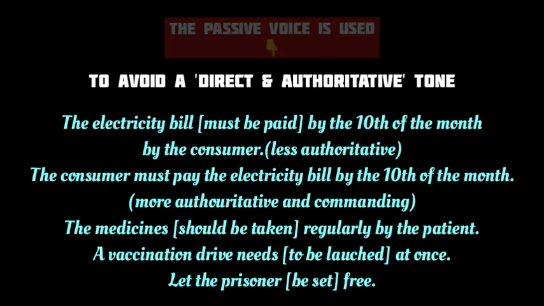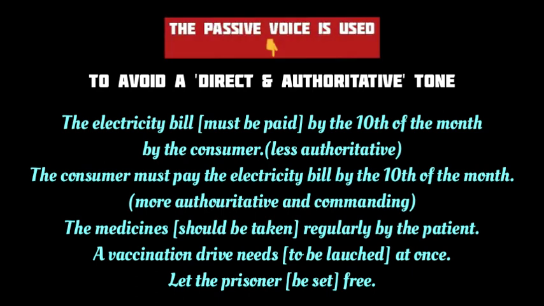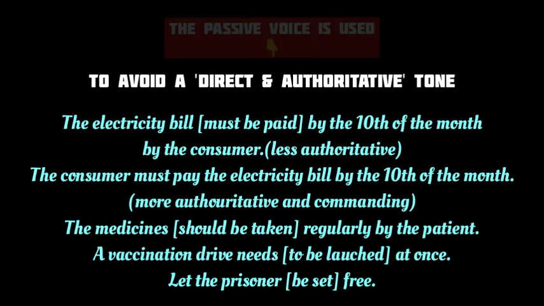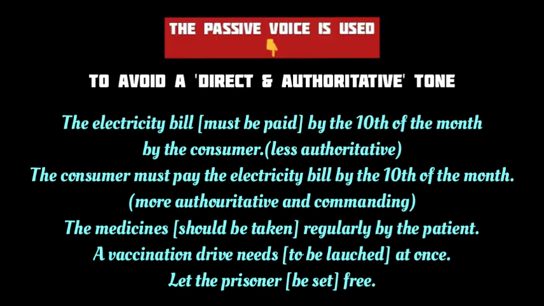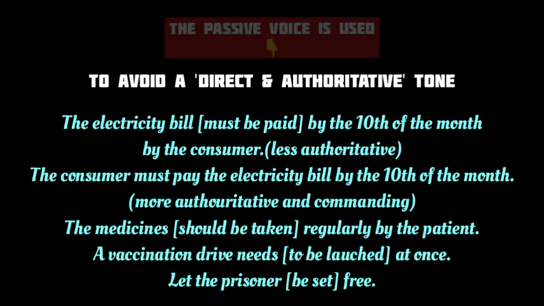Similarly, the other passive constructions here, the medicines should be taken regularly by the patient, a vaccination drive needs to be launched at once, let the prisoner be set free, sound more pleasant and less authoritative than their active constructions would have been.